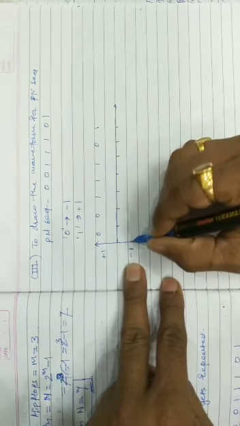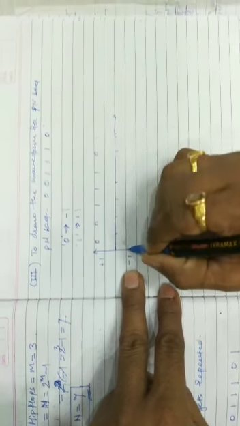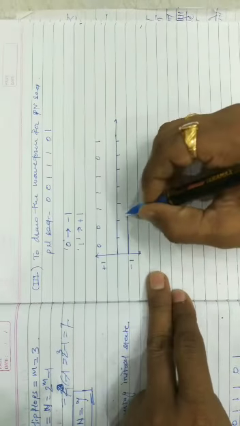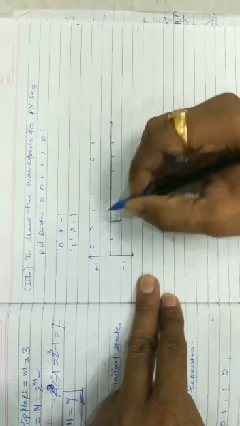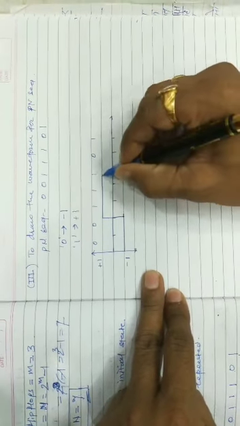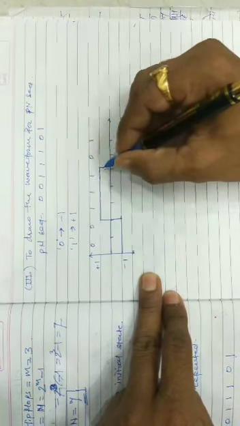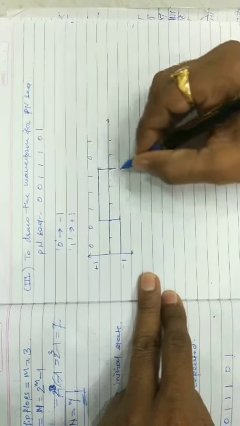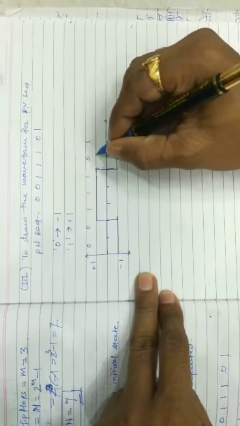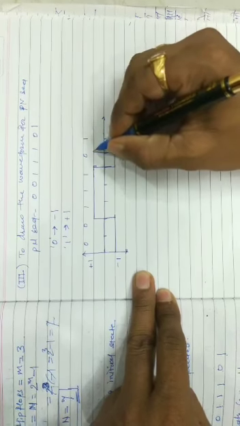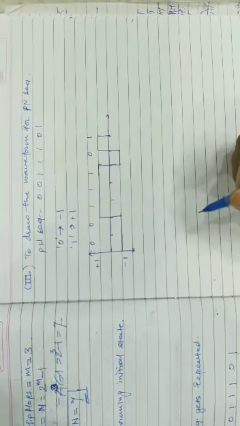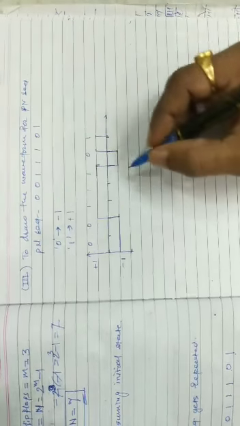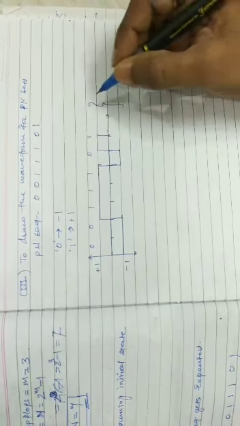So accordingly, for these 2 zeros, initially we will get -1. Then for consecutive 3 ones we will get +1, like this. Then the next is 0, so we will get -1, and for the next one bit, that will have the +1 since it is 1. So this is the waveform for the PN sequence.